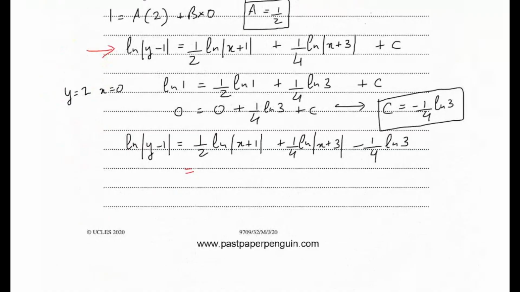So we have ln of x plus 1 to the power of half into x plus 3 to the power of 1/4, combining added and subtracted logs, divided by 3 to the power of 1/4. This is ln of y minus 1.